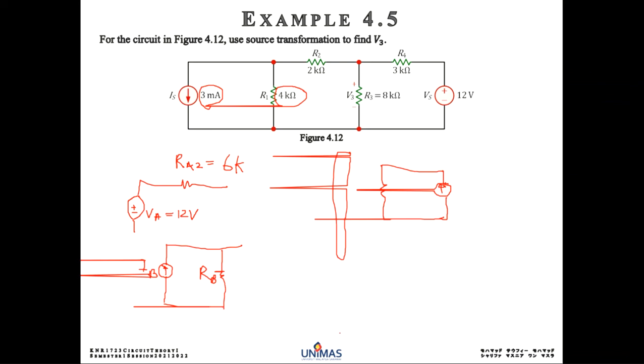IB. Oh, IB. Okay. IB kita guna formula itulah. Apa dah? I equal to V over R. So okay, 12 bagi 6K. Berapa bagi 6K? 12 volt bagi 6K.